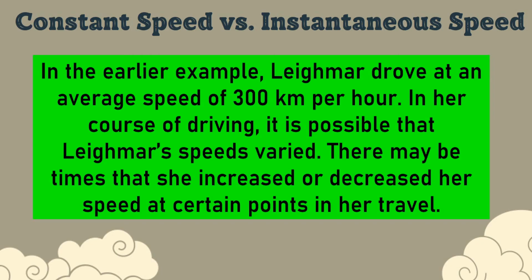Let's talk about constant speed versus instantaneous speed. In the earlier example, Laymar drove at an average speed of 300 km per hour. In her course of driving, it is possible that Laymar's speeds varied. There may be times that she increased or decreased her speed at certain points in her travel.